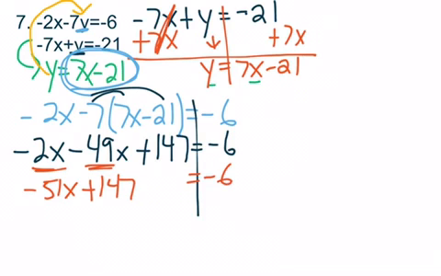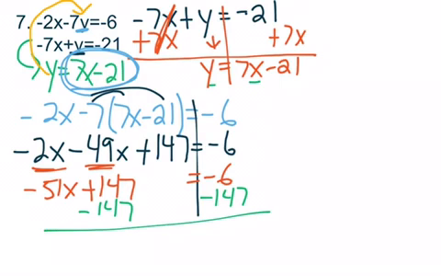equals negative 6. I need to get rid of that 147 on the left side. So the opposite of a positive 147 will be a negative 147 on both sides. These will now cancel. I'm left with negative 51x equals negative 153.